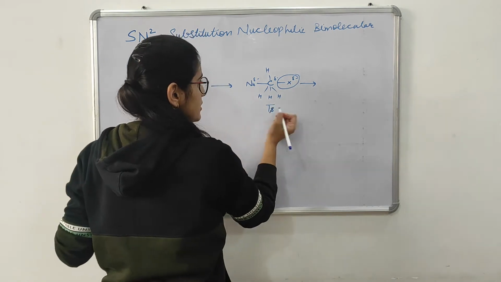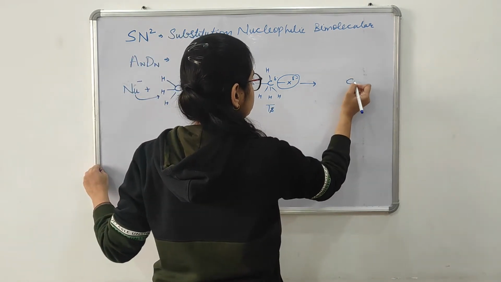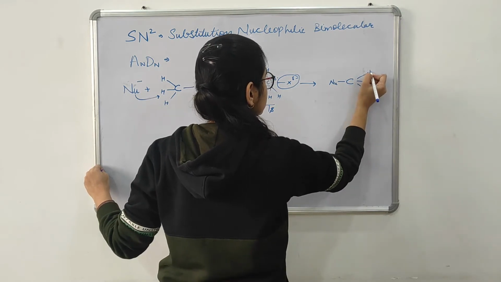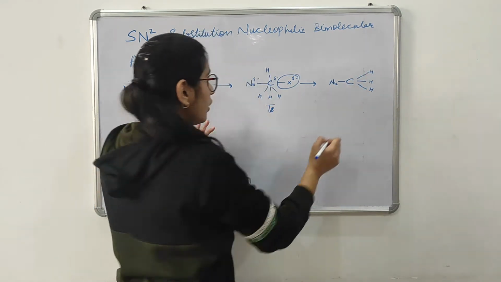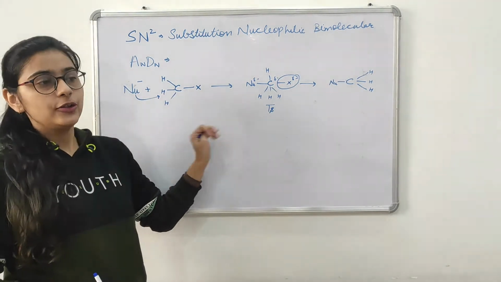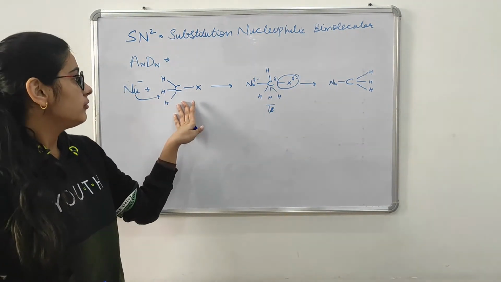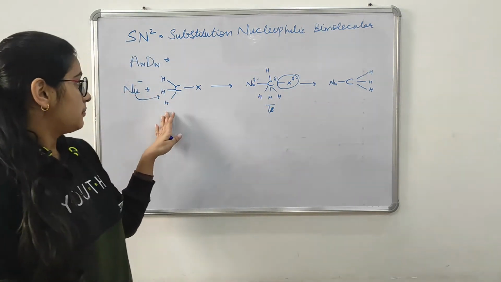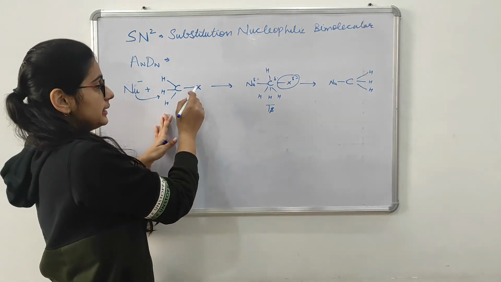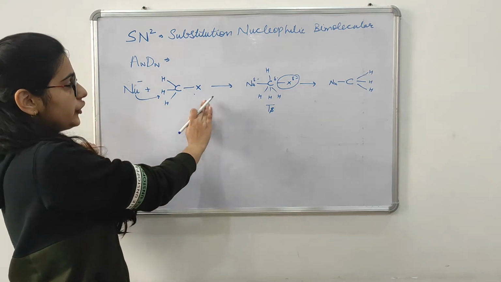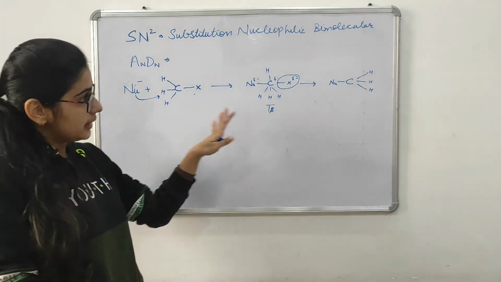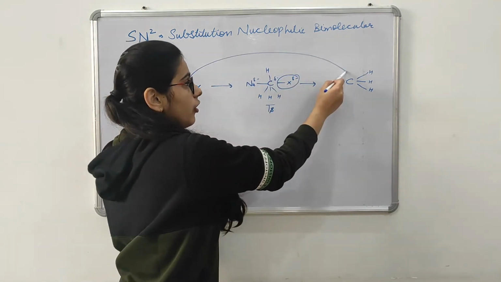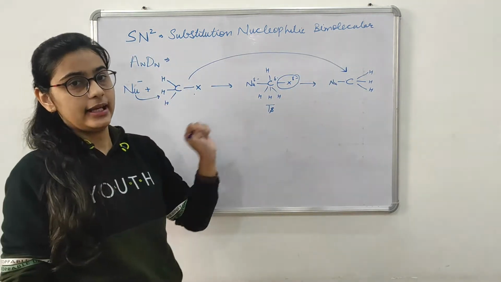This is our transition state. So here one thing which you need to notice is that the inversion of the configuration has taken place. That means the group was attached on the right hand side initially, but now it is attached on the left hand side.